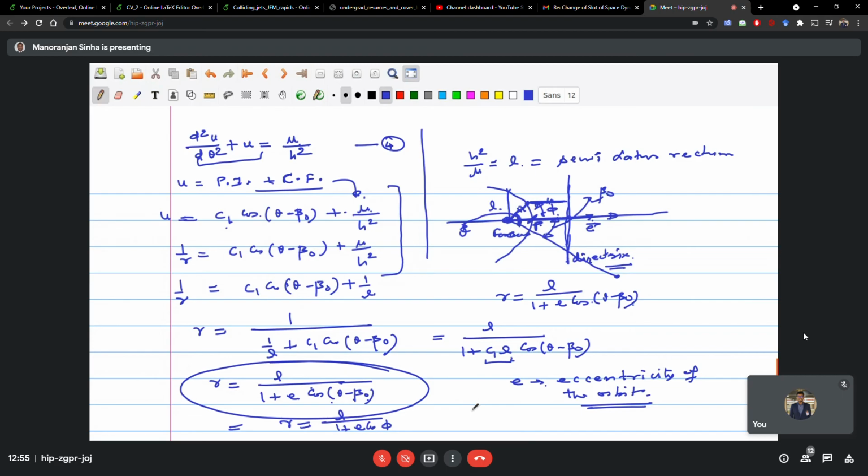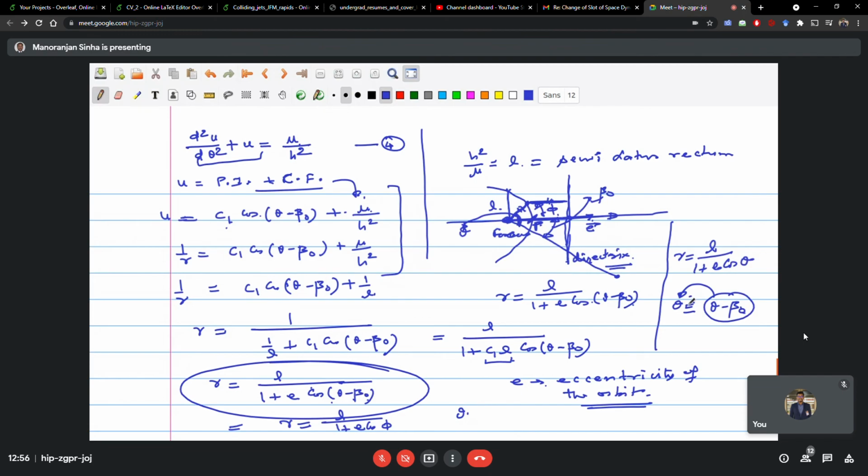It is standard to use theta itself instead of phi. So instead of writing 1 by r equal to L by 1 plus e cos phi, I use e cos theta. Here we assume that theta is equivalent to theta minus beta 0 written earlier, so this is being replaced by this. It's just a variable change for consistency of notation.